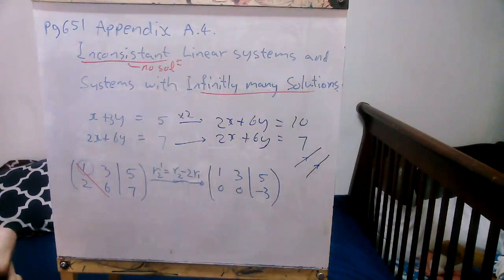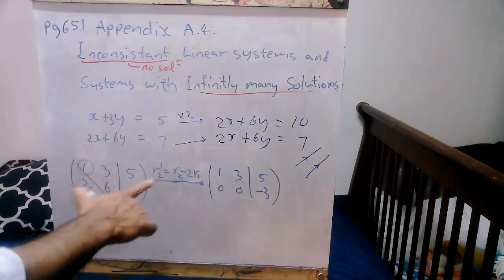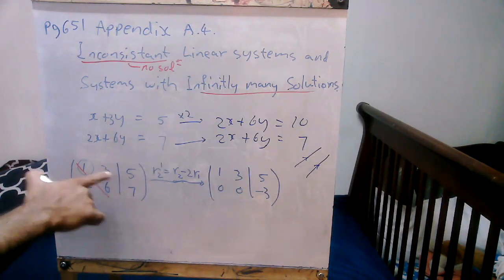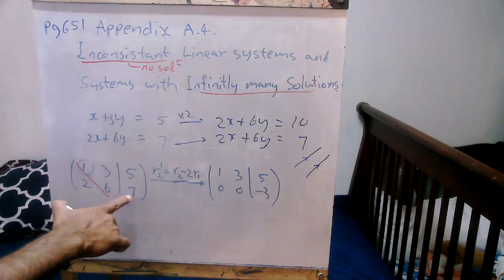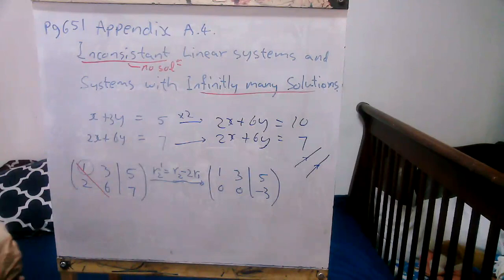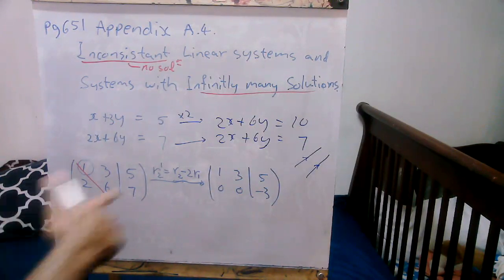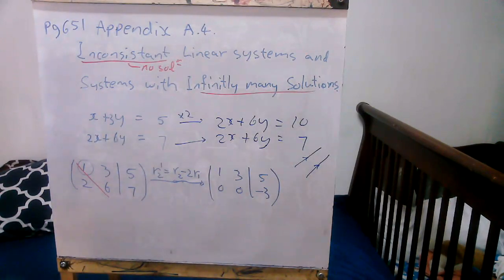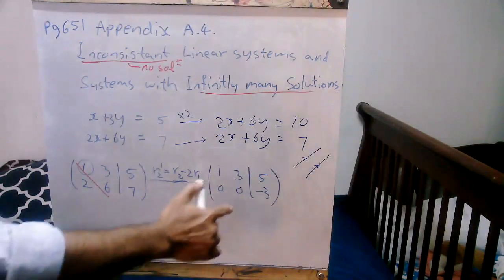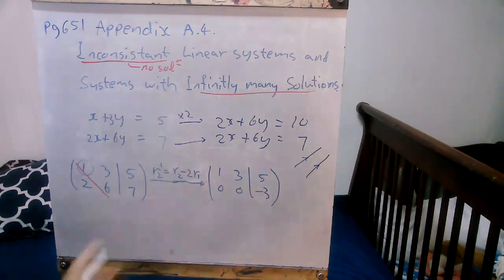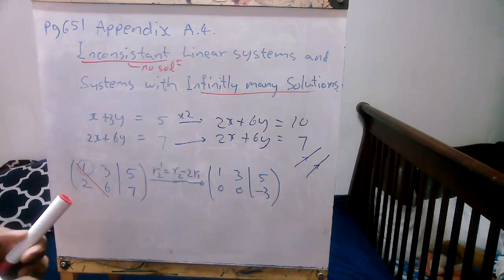So we did a few examples in the last video. When we do this, you will see that we get 6 minus 2 times 3 is 0, 7 minus 2 times 5 is negative 3, 2 times 5 is 10, with negative it is negative 10, 7 minus 10 is negative 3. Now look at this, the left side is all 0, the right side we have a number.